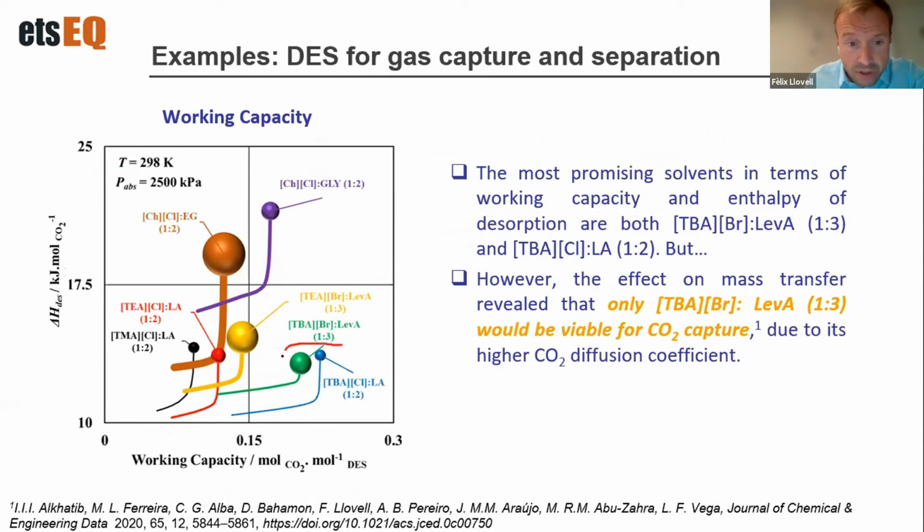Here we can see that our best solvents, particularly this one, because they are in the high working capacity and low desorption region, have a very low capacity for mass transfer. This would be maybe the best option right now, but still, the conclusion that we can get here is that none of the compounds studied would be effective to substitute amines.